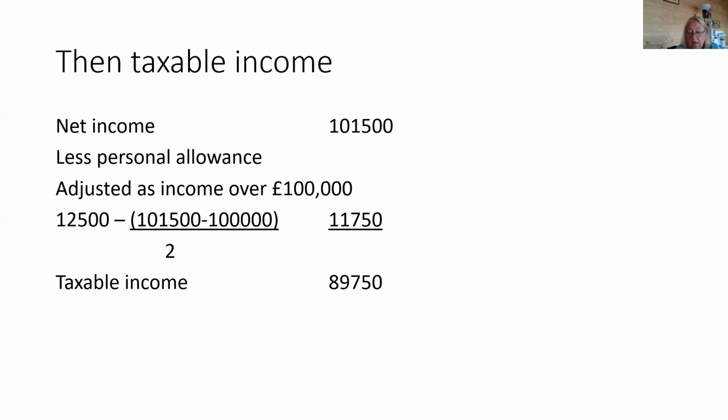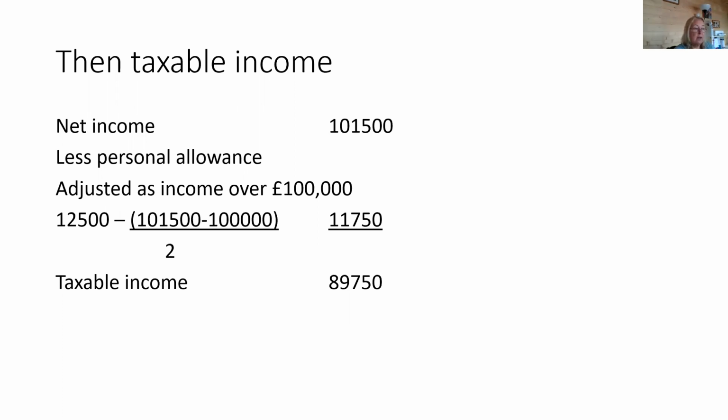But again, another little complication: if your income is over 100,000, then your personal allowance is reduced, by half effectively for everything over £100,000. So personal allowance is normally 12,500, but he has earned £101,500, more than £100,000. So we've got to make an adjustment.